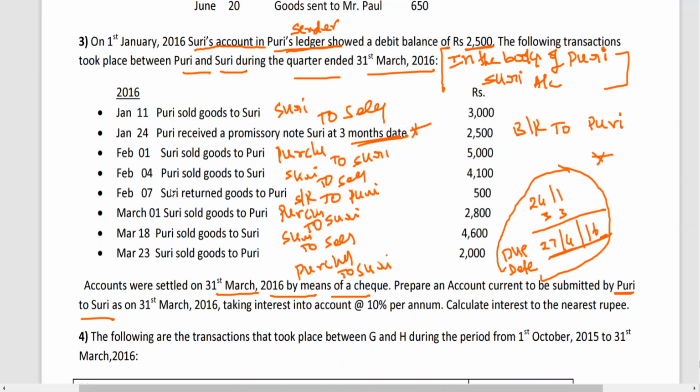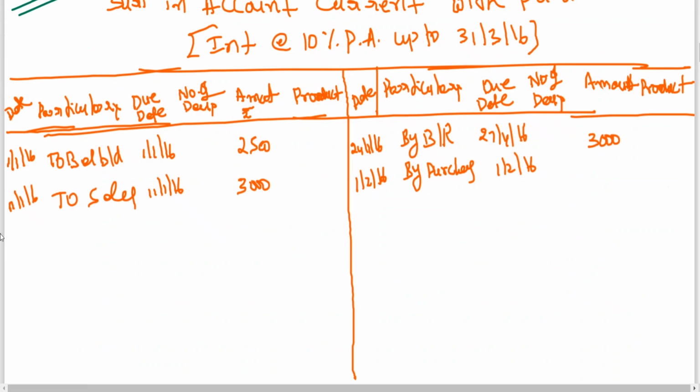Come back to this. Puri, this is February 4th. Puri sold goods to Suri means who is the receiver? Suri is the receiver. That means we are selling the goods to Suri. Suri to sales, February 4th, $4,000.